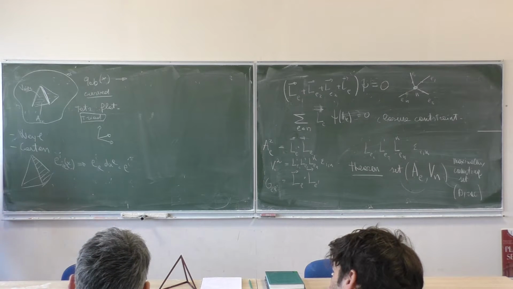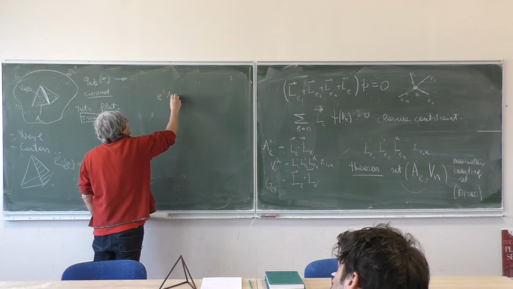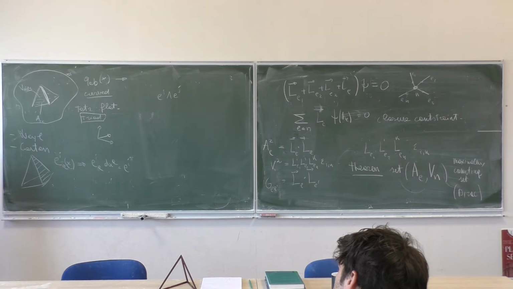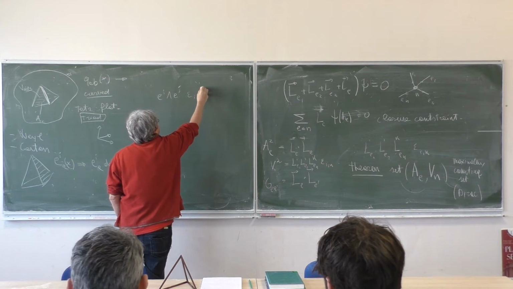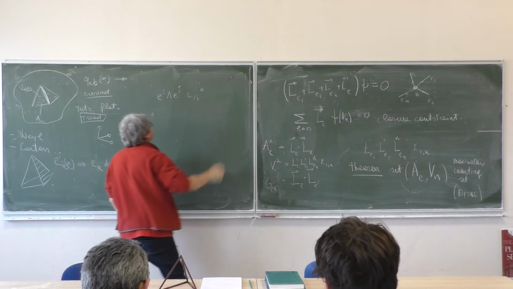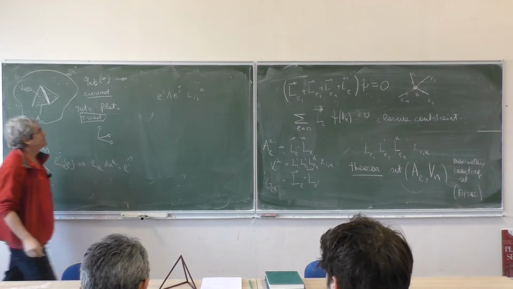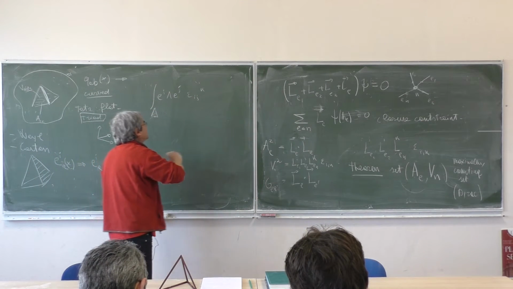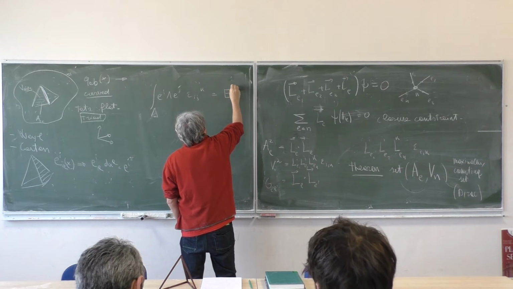Now, if you have a one-form, you can build a two-form, e^i ∧ e^j. This is antisymmetric in ij, so you can put epsilon_ijk and use a single index k here. And this is a two-form, and a two-form can be integrated on surfaces. You can integrate on this triangle. So this gives a quantity E_k.